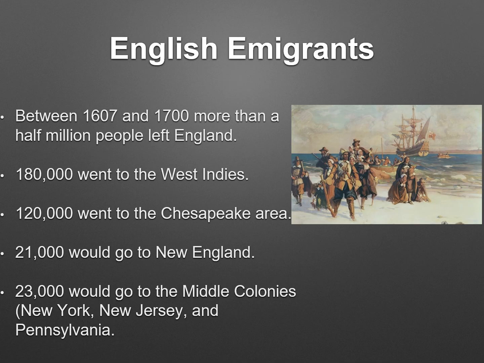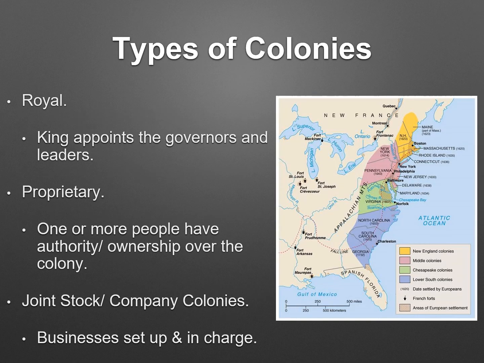And 21,000 are going to go to New England, and another 23,000 will go to New York, New Jersey, and Pennsylvania, respectively. There's tons of people who are leaving, who are going somewhere. Initially, yeah, we're looking at like a couple hundred folks here and there. But as the years go on and things get better, these numbers continue to increase.